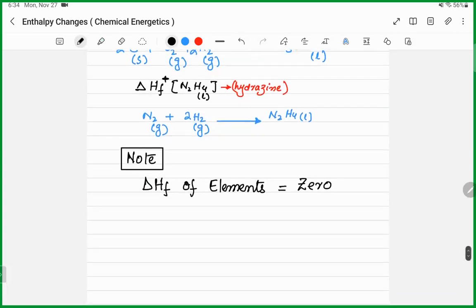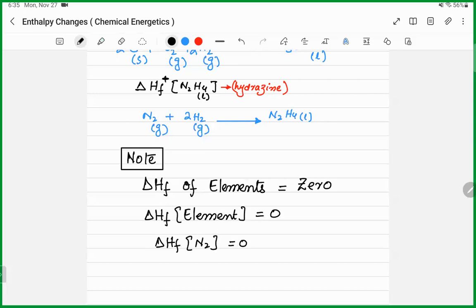Uncombined element, nitrogen, hydrogen, oxygen, इन सब की formation की value क्या होगी? 0. So delta H formation of an element is always 0. यानी अगर मैं आपसे कहूं जनाब delta H formation of N2 बताओ कितनी होगी, आप बोलेंगे 0.